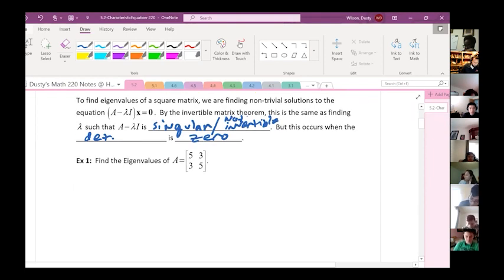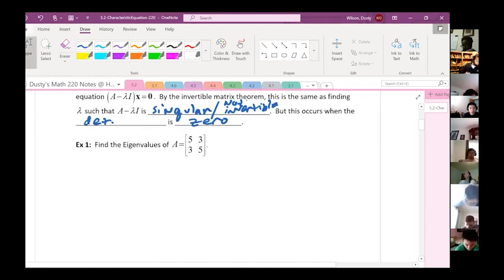So we want to find the eigenvalues here of A equal to [5, 3; 3, 5]. And so what I need to do is work with A minus lambda I. This very first time I will write it out.